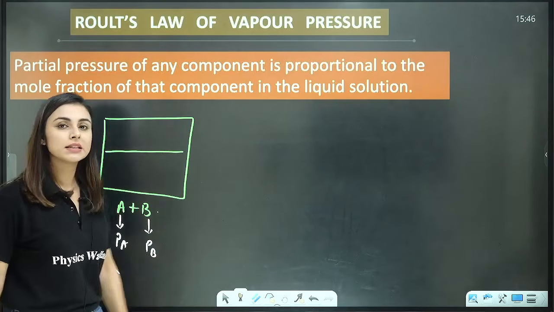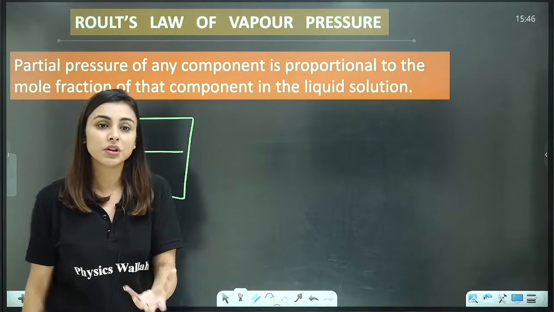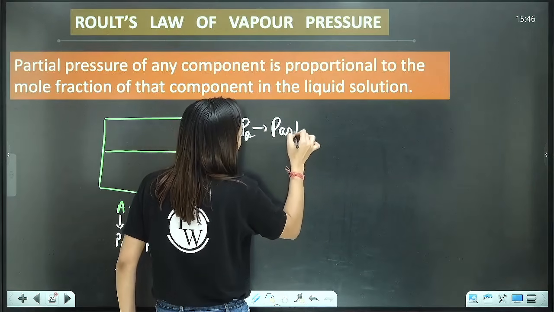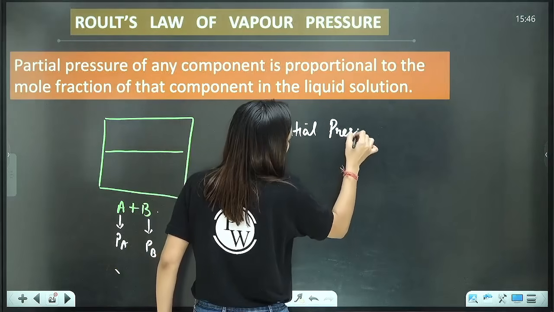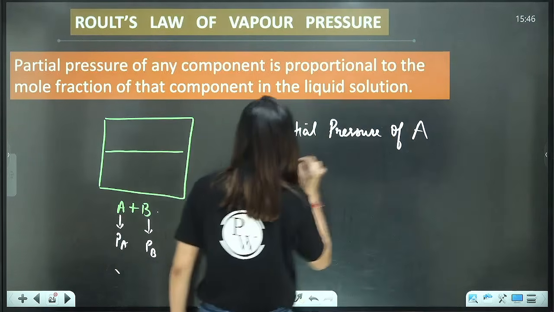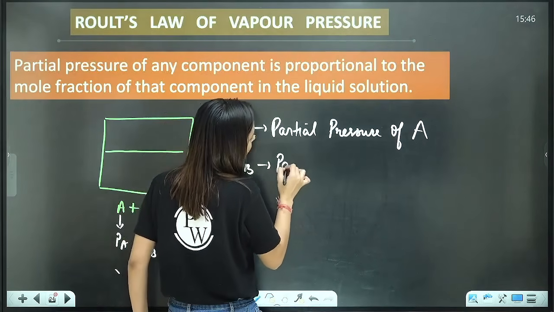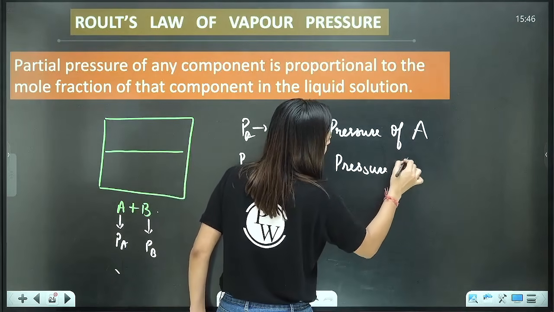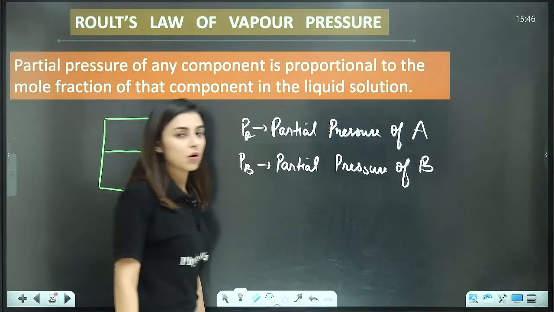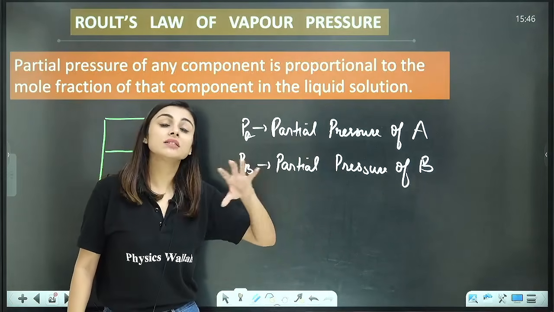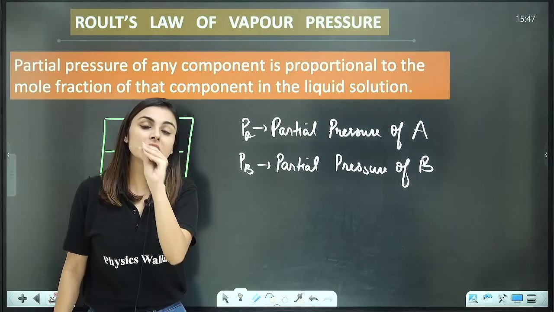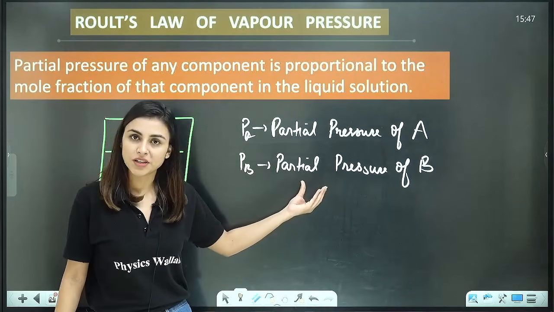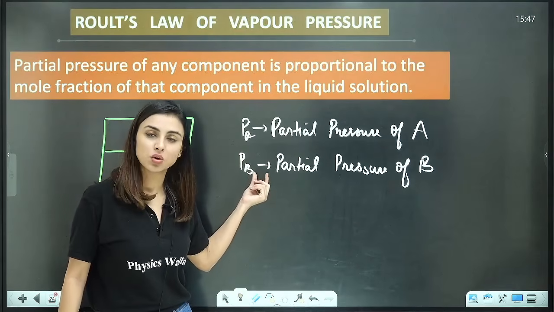Since they are in a mixture, these PA and PB pressures are known as the partial pressure of A and the partial pressure of B. Why do we call it partial pressure? Because now we are calculating the pressure in the solution. Whenever you calculate the pressures in the solution, you call them partial pressures. And we know that this is not equal to PA naught and this is not equal to PB naught.